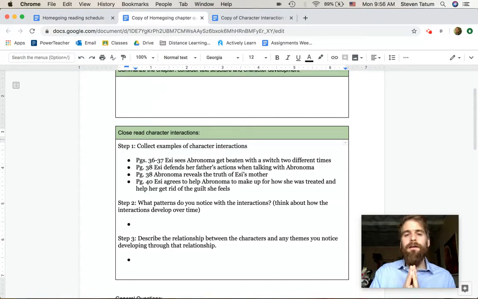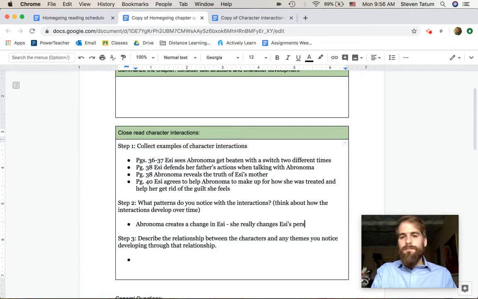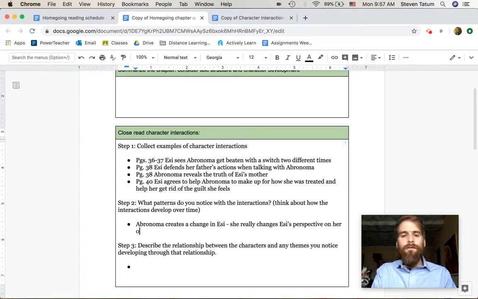One pattern that I notice is that Abronoma really creates a change in Esi. She really changes Esi's perspective on her own family.